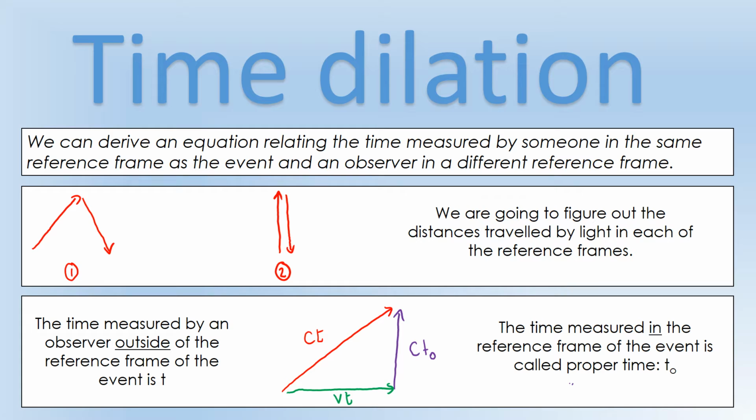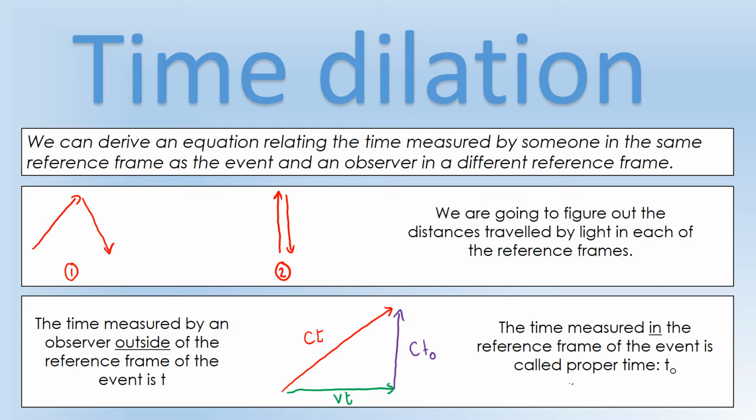Now you might wonder why we pick t and not t0 along the bottom there. Well, you have to remember that the train is only moving from the perspective of observer 1. Observer 2 doesn't think the train is moving at all. So the only time it makes sense to put in there is that of the person who actually thinks the train is moving. So we put in t, not t0.